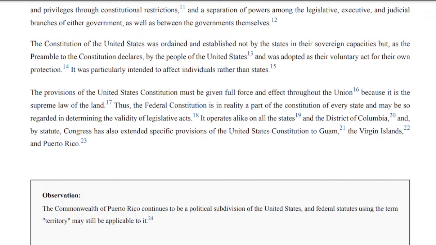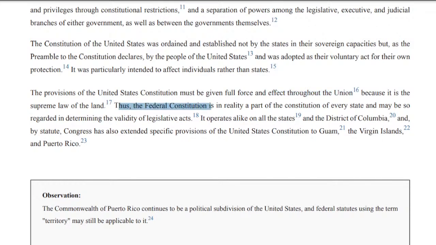The provisions of the United States Constitution must be given full force and effect throughout the Union because it is the supreme law of the land. So the provisions must be given full force, not may or should, must be given full force and effect throughout the Union.